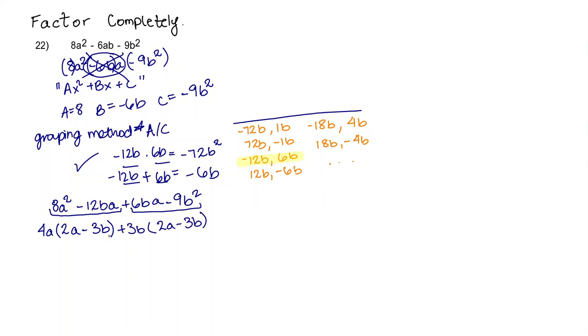Now, since the factor here and the factor here are the same, I'm going to take that out as my GCF, leaving me with 4a plus 3b. Okay, and my answer is 2a minus 3b times 4a plus 3b.